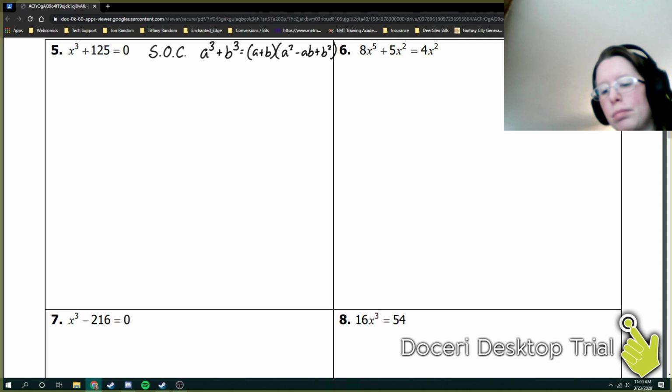Okay, so in this case my a value is x, and my b value is 5. Now I know that just because I've worked with the numbers a lot. It was on our notes. We could also do the cube root on like a Desmos calculator or your phone calculator of 125 to see what we get back.